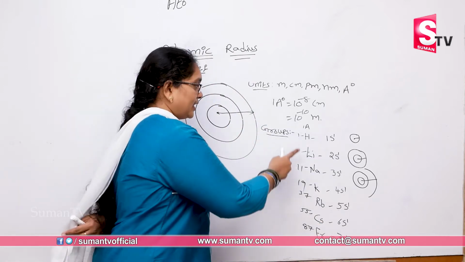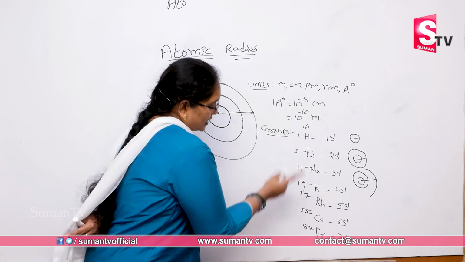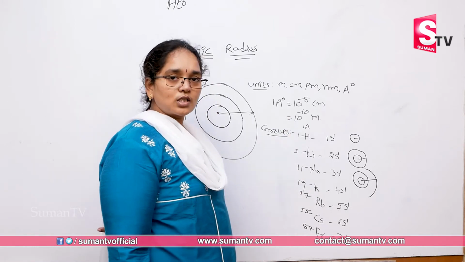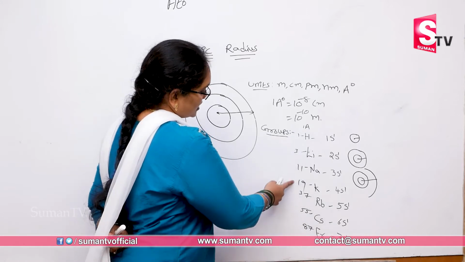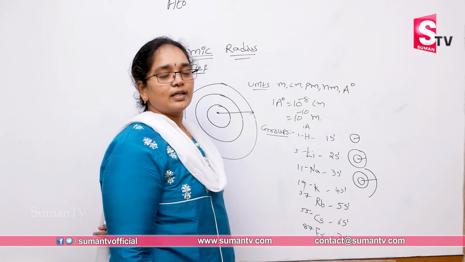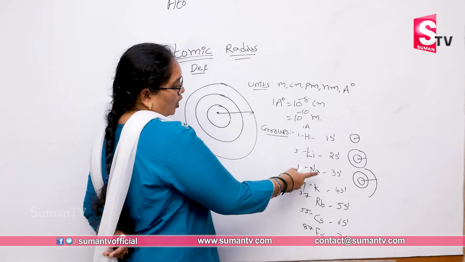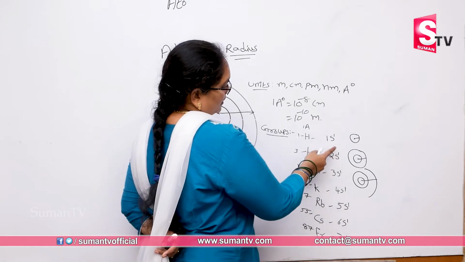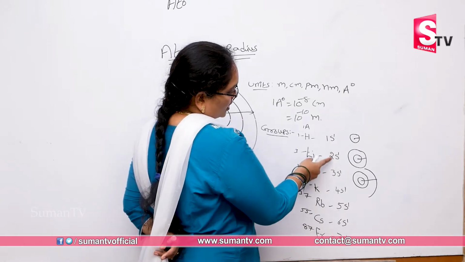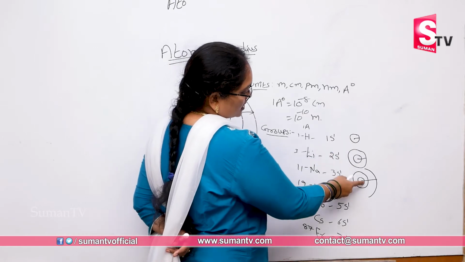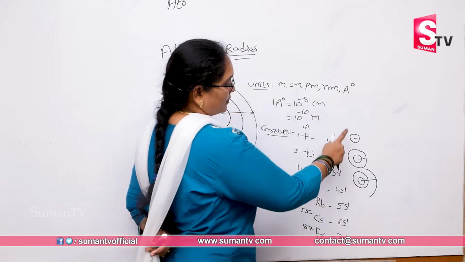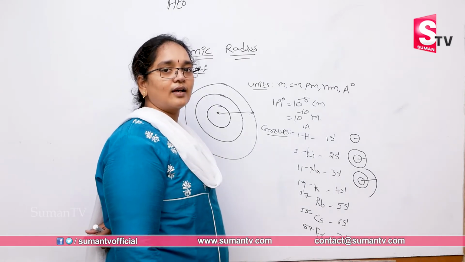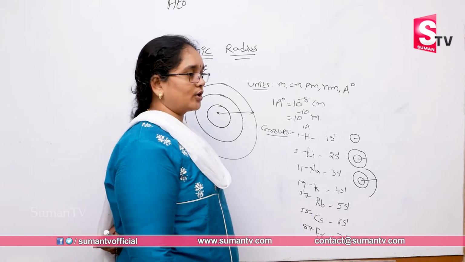In a group from top to bottom, atomic number increases, so the number of electrons increases. To accommodate these electrons, the atom requires more shells or orbits. That's why atomic radius increases in a group from top to bottom.